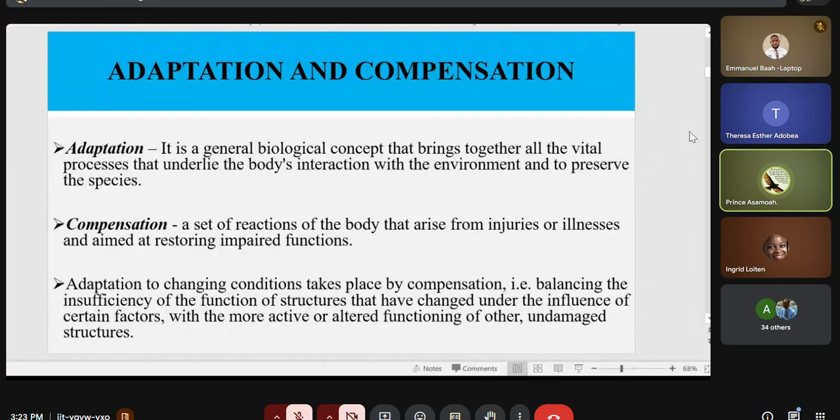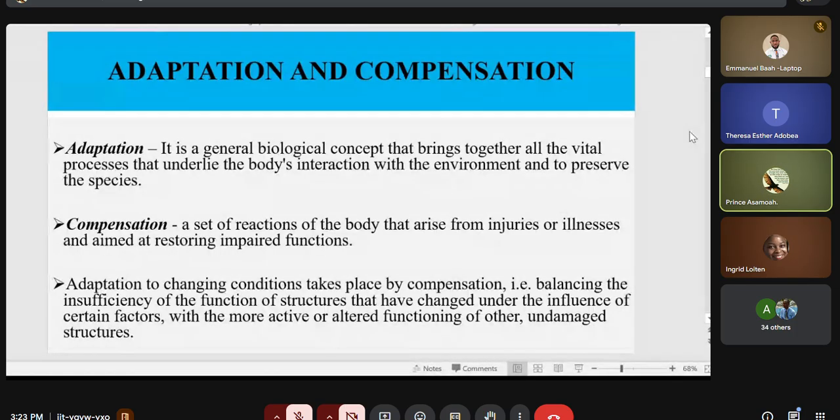The cell must choose one of these concepts. The body doesn't permit the cells to die like that. The cells won't die unless the stressor, the substance that is affecting it, becomes more than the strength of the cell. Then that cell will die.